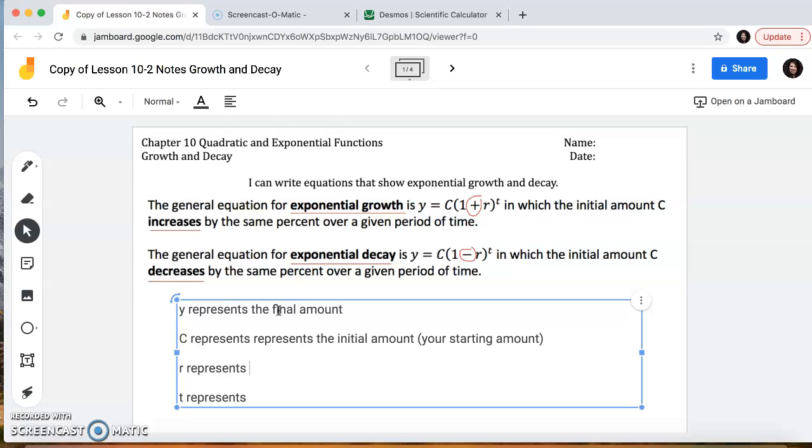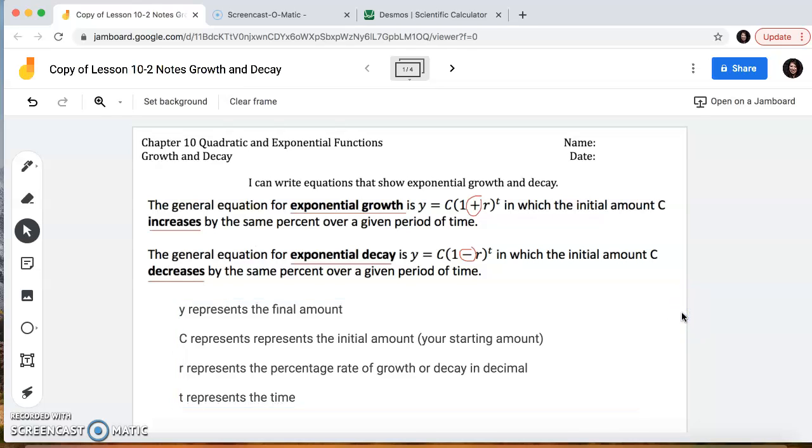R represents the rate of growth or decay in decimal form. So it's the percentage rate of growth or decay in decimal form, and then t represents the time. So that one's pretty easy to remember. We might have to come back to this as we do the next few examples.